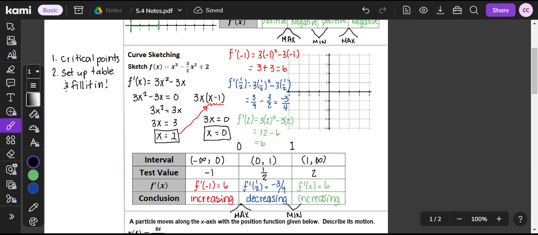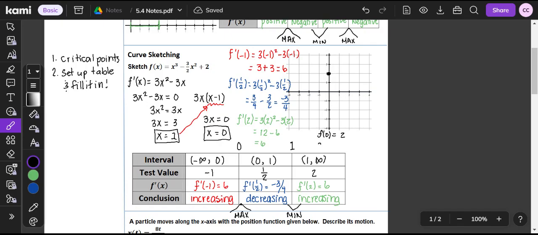All right, so if I plug in 0 into the original function, I'm going to get 0 cubed minus 3/2 times 0 squared, plus 2. I'm going to get 2. So that tells me that the function should pass through the point (0, 2). So I should be going through that point there.